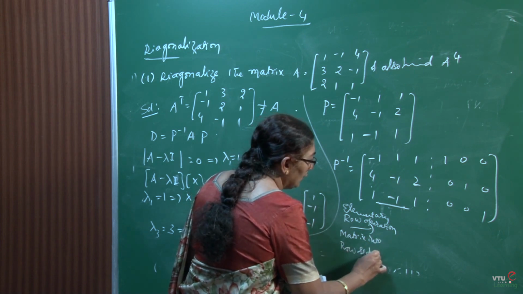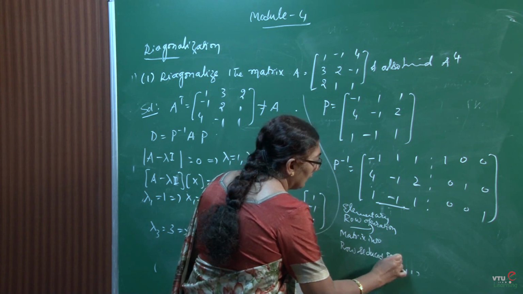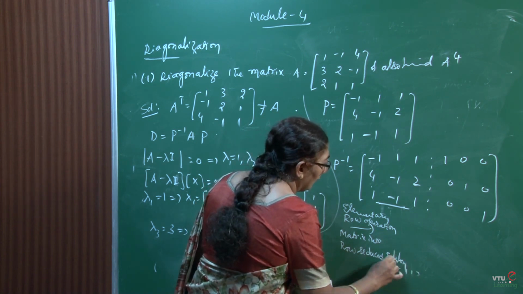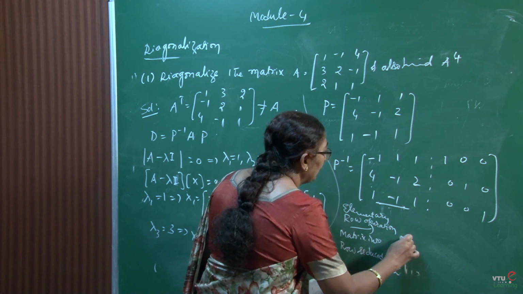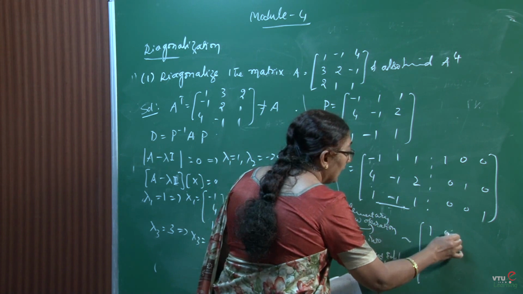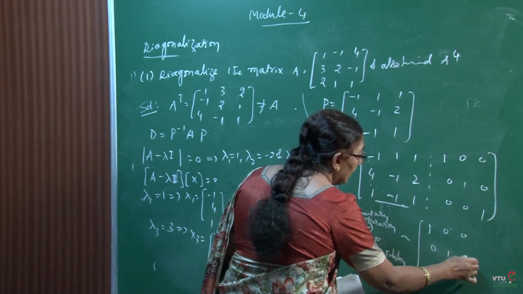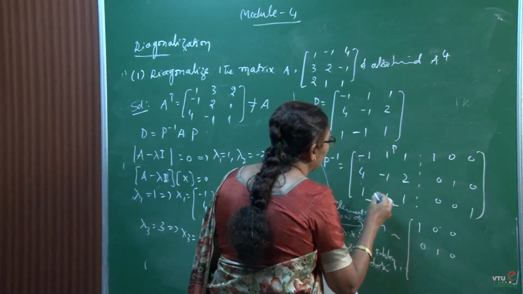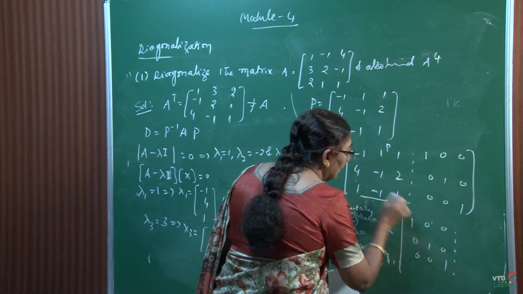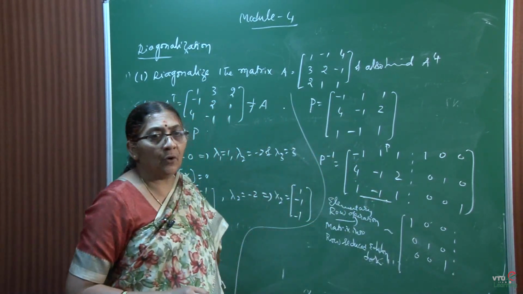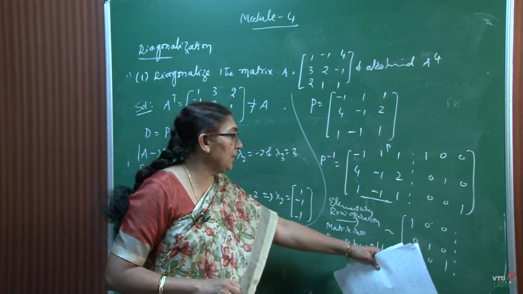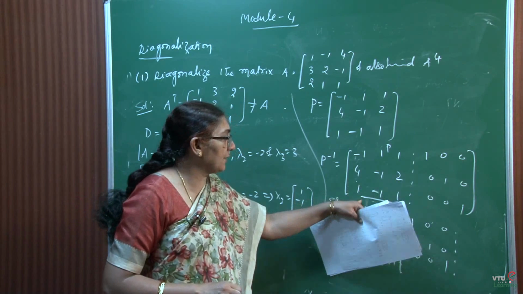Row reduced echelon form means we are expecting the identity matrix in the P place. Once you convert it into the identity matrix using elementary row operations, we have the row reduced echelon form.